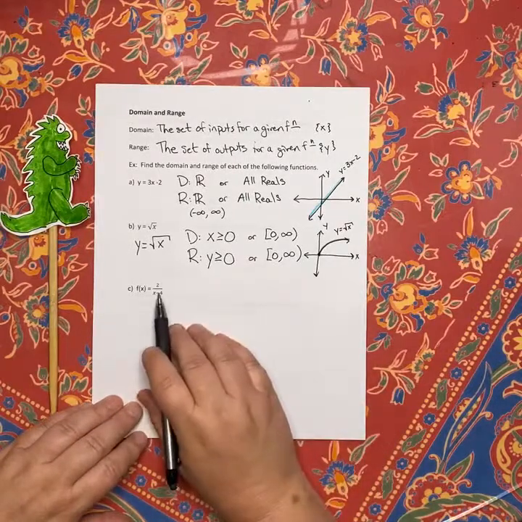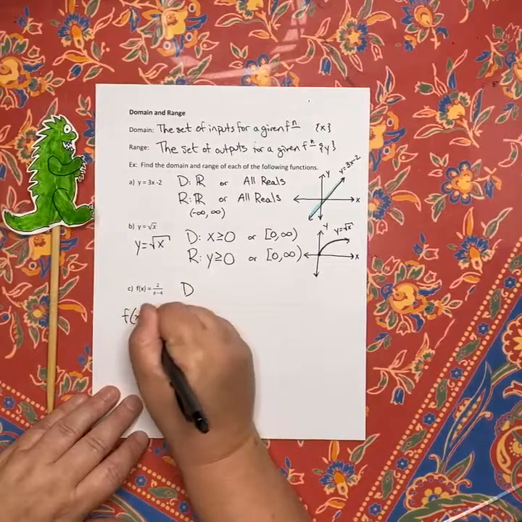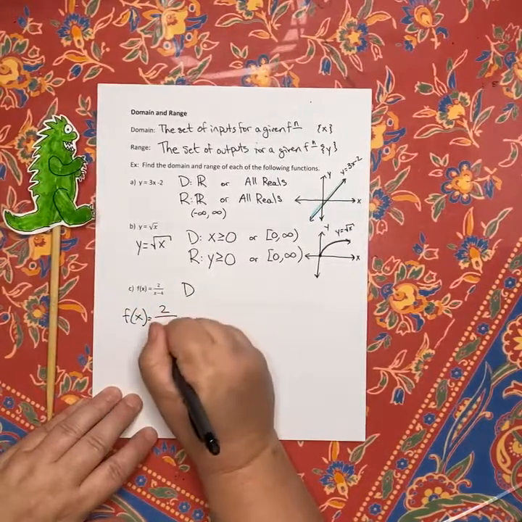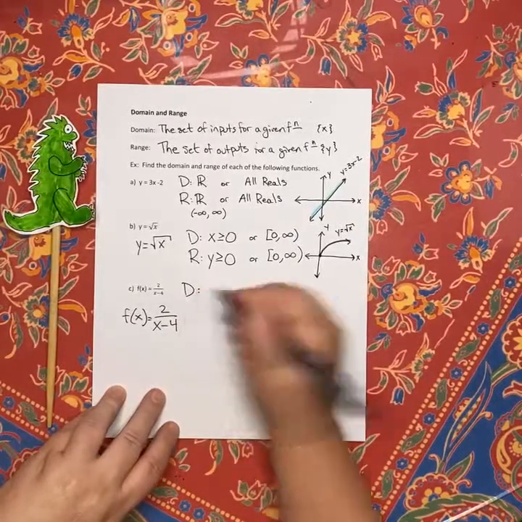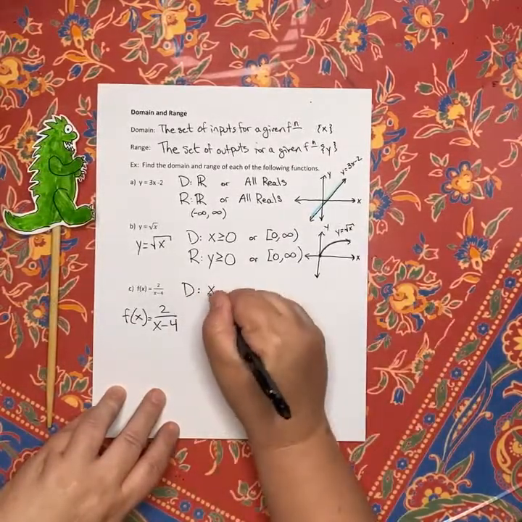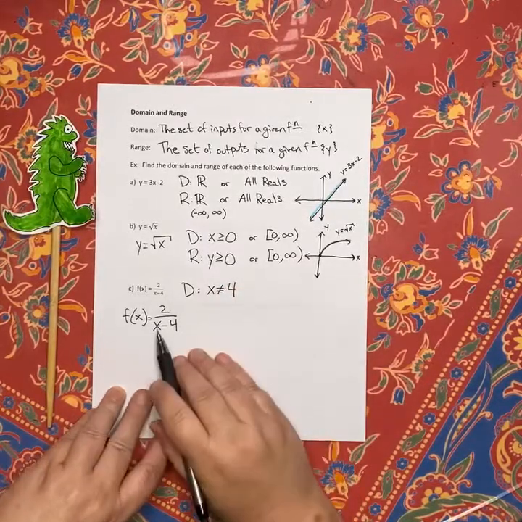What about this one? Now, in my mind, let me write a bigger version so you guys can see it more easily. In my mind, this is the easiest one. Basically, the domain says, don't you dare let x equal 4. Because why? Well, what happens when x is 4?